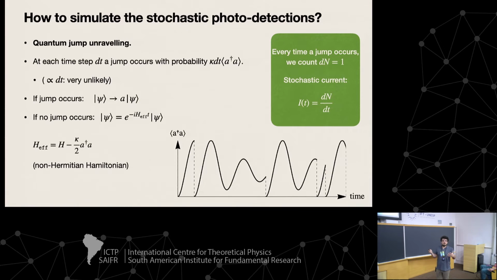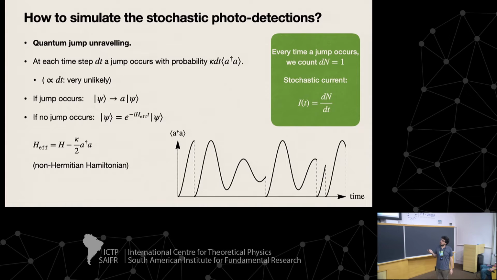You integrate your equations, and at each time step, you decide if a jump is going to occur or not. The probability that a jump occurs is proportional to the average number of photons. So if there's a lot of photons, there's a big probability that the photons are going to leak out. Makes sense. But it's also proportional to dt, so most of the time, actually, no jump occurs. If a jump occurs, essentially, you just apply the A operator to psi.